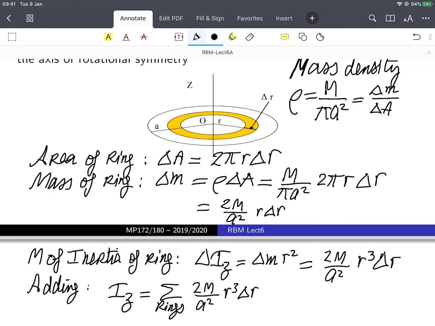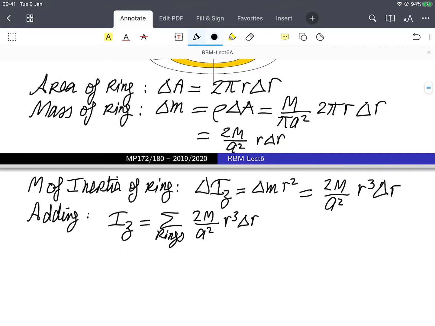And now I'm going to say that this sum here is an approximation of the area underneath the curve y equals 2M over a squared r cubed. Because if I draw little rectangles under that curve, and each rectangle has a width delta r, and add them all up, I'm going to get something close to the area.